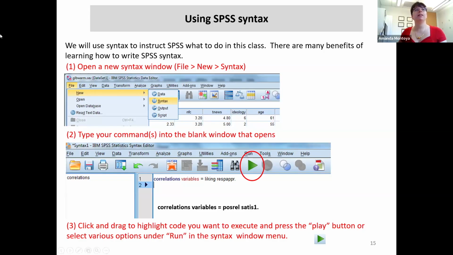Here you can type your commands into the window and then use the green run button, or if you're on a PC, Control R, if you're on a Mac, Command R, will run the code on the line that your cursor is on. If you want to run multiple lines of code, you can highlight multiple lines and then press run or Control R. Everything that we'll be doing today is with syntax.